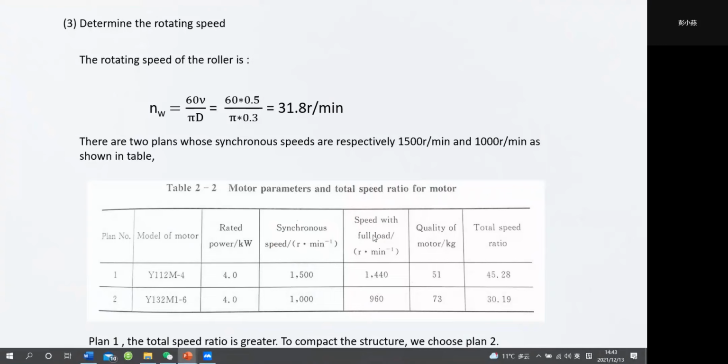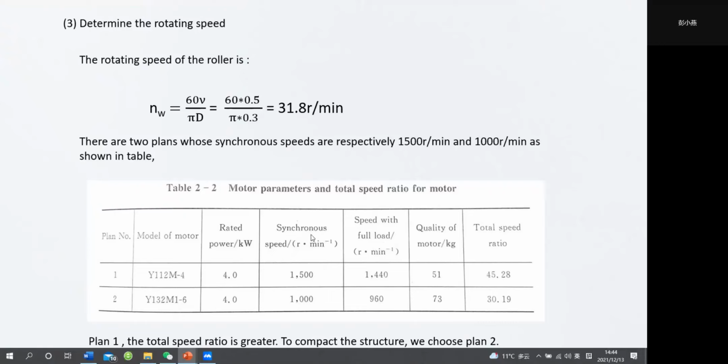This is the rated speed, the speed under nominal voltage, rated frequency and rated load, and the speed with full load is equal to the synchronous speed times efficiency, and the efficiency is less than 1.